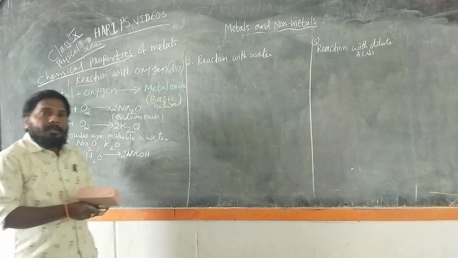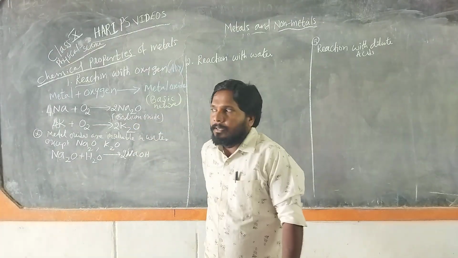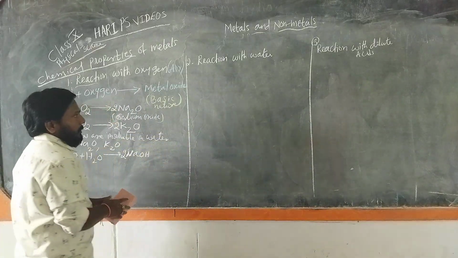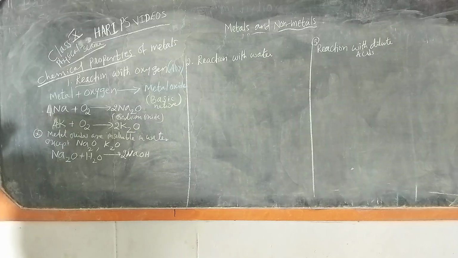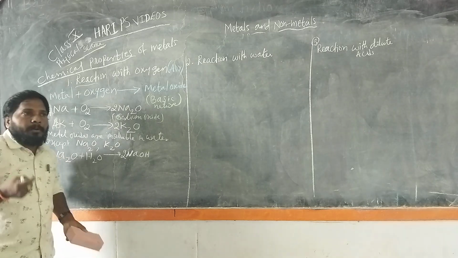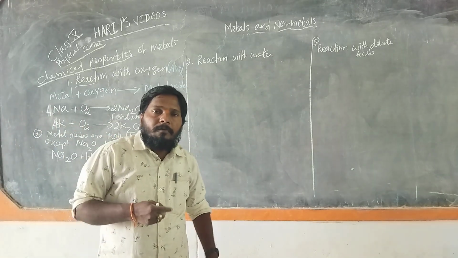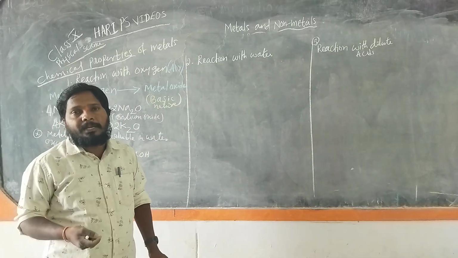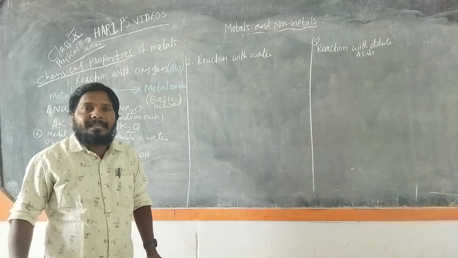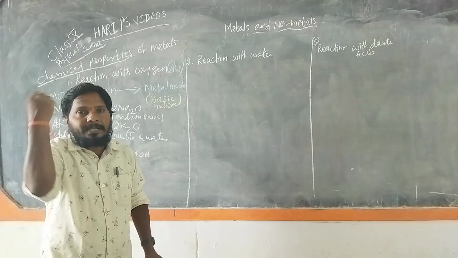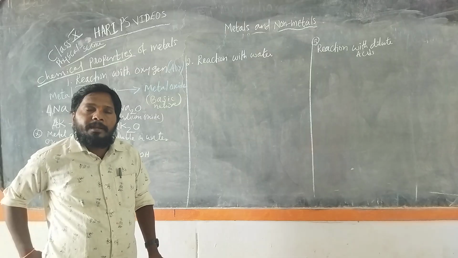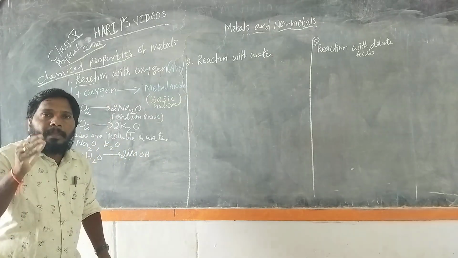Magnesium does not react with oxygen at room temperature, but on heating it does. If we take a small piece of magnesium ribbon and heat it on a spirit lamp, it burns with a dazzling light and forms a white ash, which is magnesium oxide.